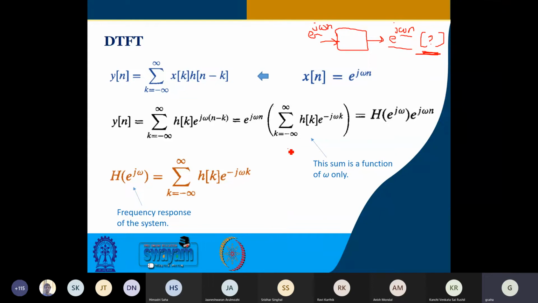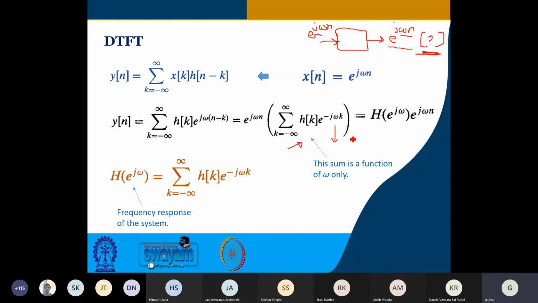If I just expand and take the equation, we see that it is the sum over k from minus infinity to plus infinity of hk times e to the power minus j omega k. If we complete the sum, then the dependence on k, which was the time index, goes away, and you are only left with omega. So this is a function of omega only.